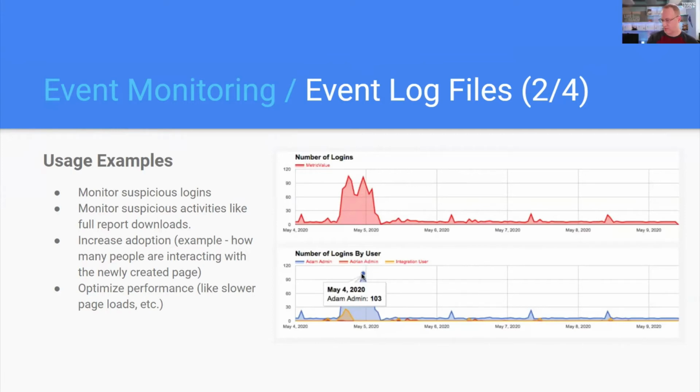You can also monitor suspicious activities like full report downloads, or let's say you brought in a new feature and you want to see how many people interacted with it, then it can help you with monitoring the adoption rate with your users. And it can also help you understand if the report you created is performing well, if it's taking too much CPU time, something like that.